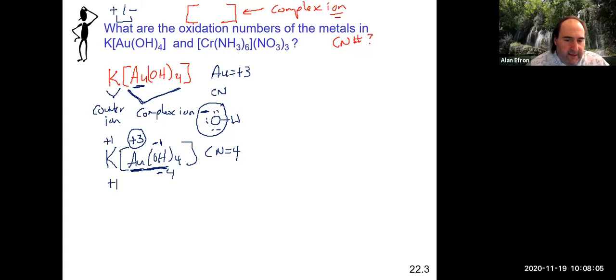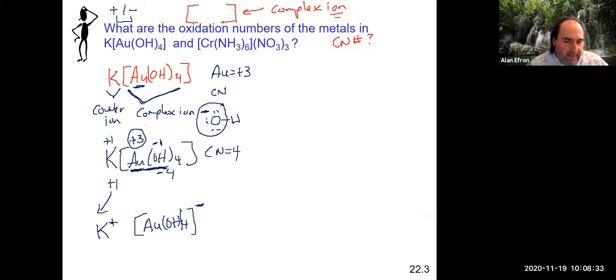Now, if we look at what's going on here, our counter ion is +1, so we really have a potassium with a +1 charge. That means our whole complex ion part, if we broke it apart, has a -1 charge overall.